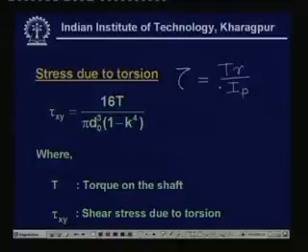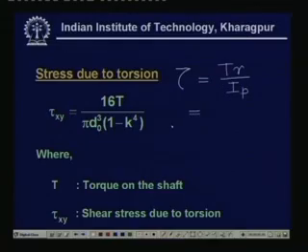This T is the applied torque on the shaft, R is the radius of the surface where you are interested to find out the shear stress, and it will obviously be maximum on the top surface, and IP is the polar moment of inertia.